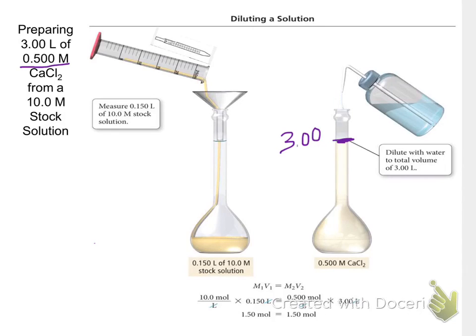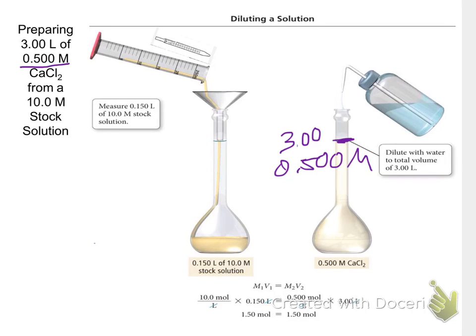Let's back up a little bit. Even before I know how much of the solution I'm going to add, what I want is 3 liters of a 0.500 molar solution.